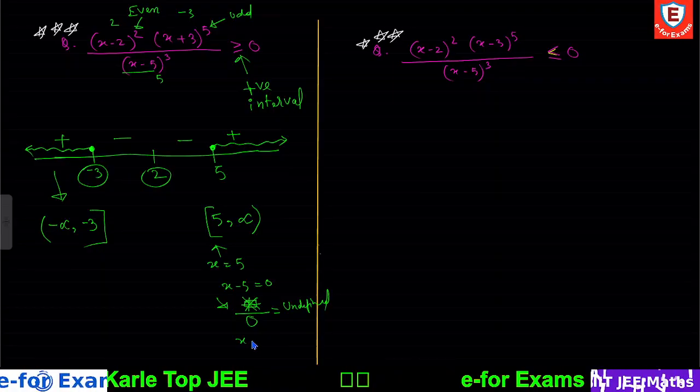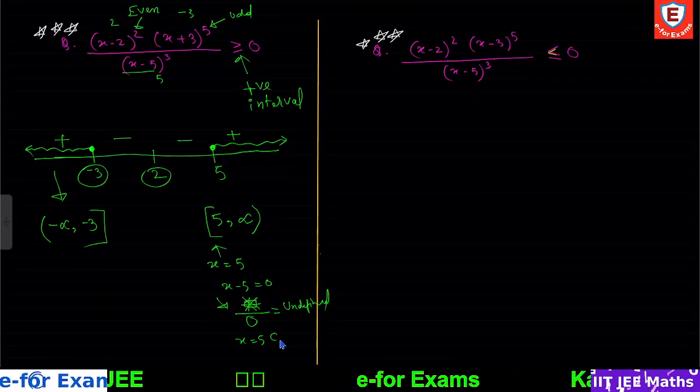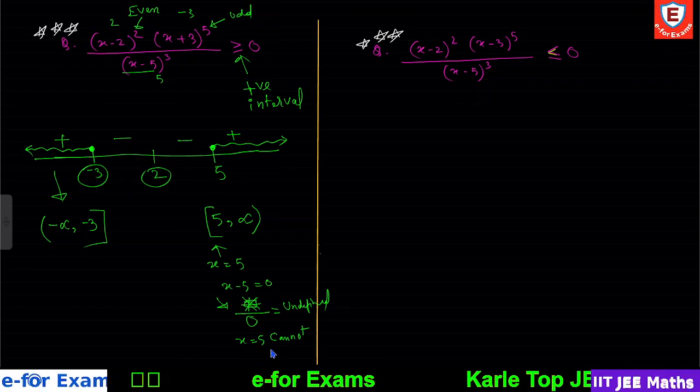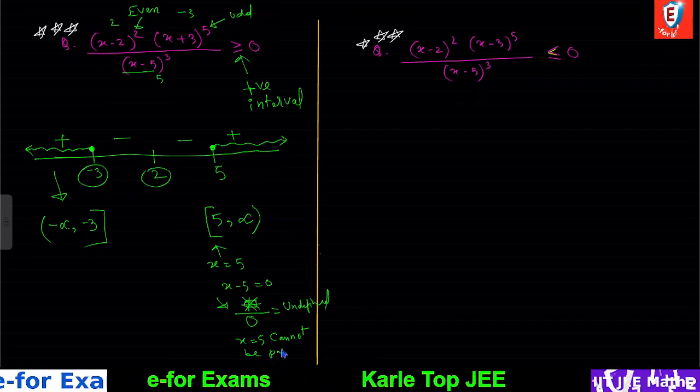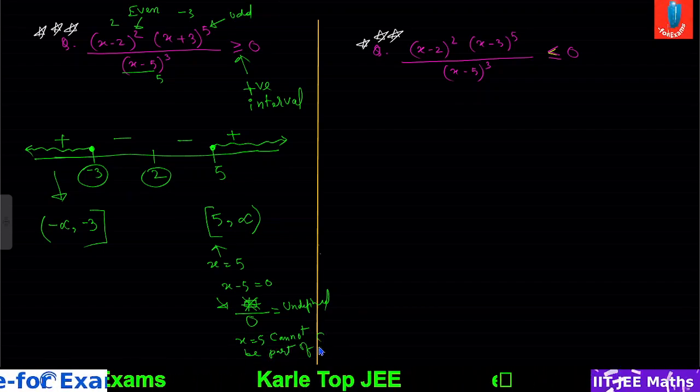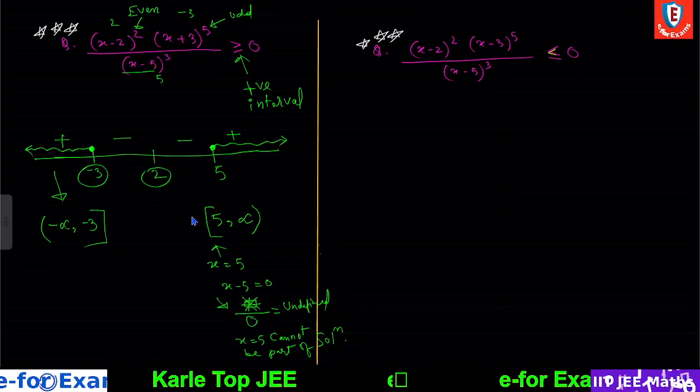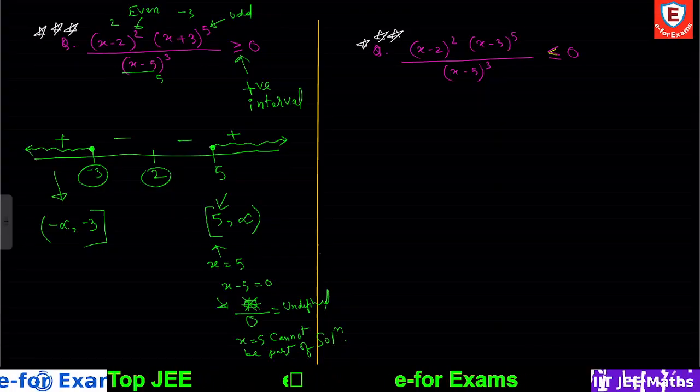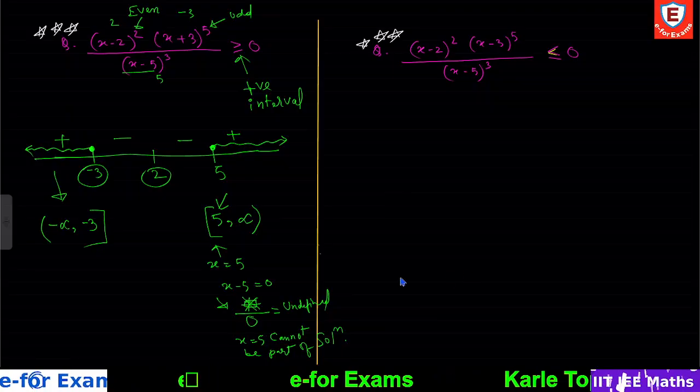Therefore x equal to 5 cannot be part of the solution, so we will exclude this one.